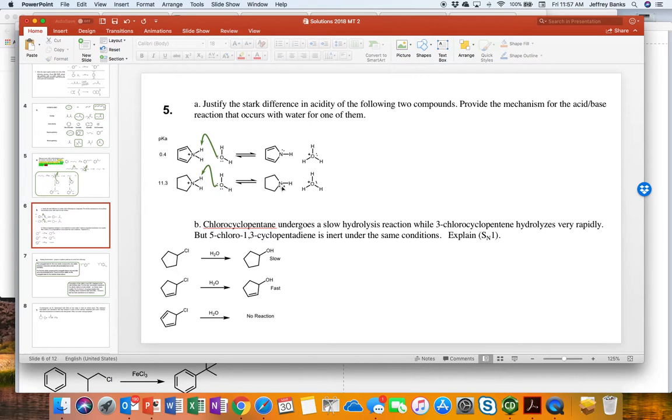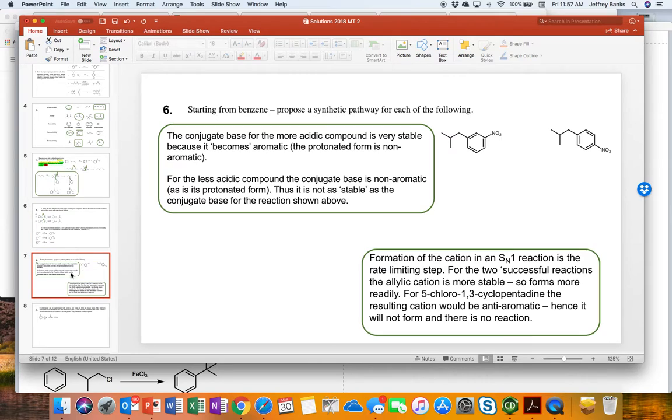In this case, there's no gain in stabilization for the nitrogen to rehybridize and become sp2 hybridized, because we can't conjugate that lone pair of electrons with any pi system, because all of these other atoms are sp3 hybridized. So the reason for this is the gain in energy, because we go from a non-aromatic system to an aromatic system upon deprotonation by water.